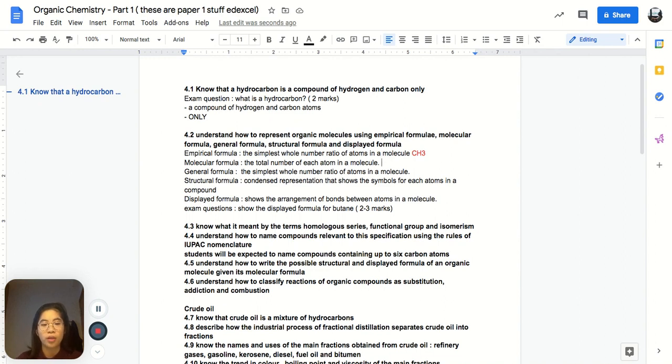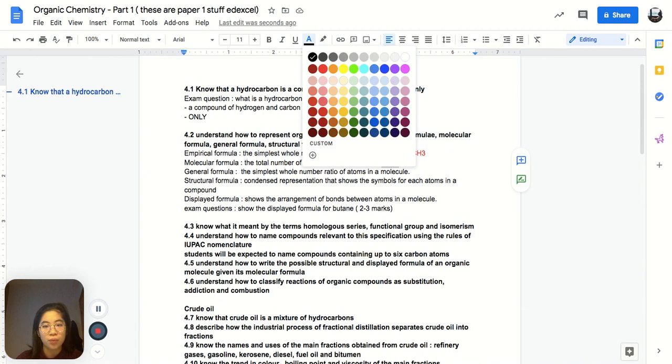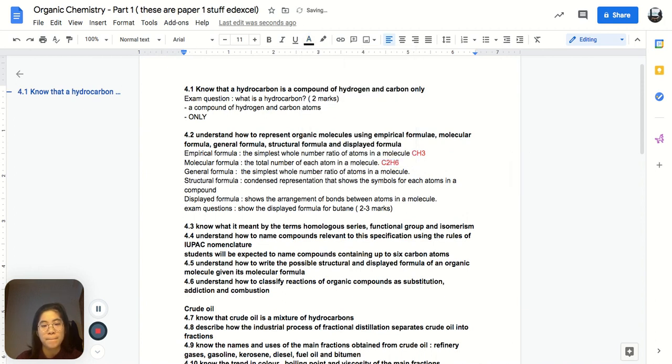Molecular formula is similar to empirical formula, but instead it's the total number of each atom in a molecule. For example, C2H6. Any alkane would be counted as a molecular formula. So yeah.